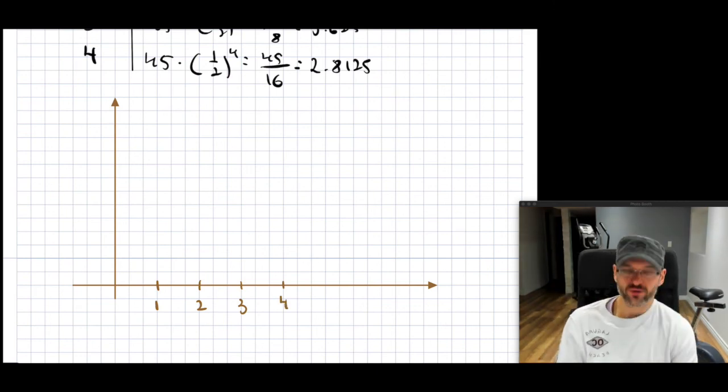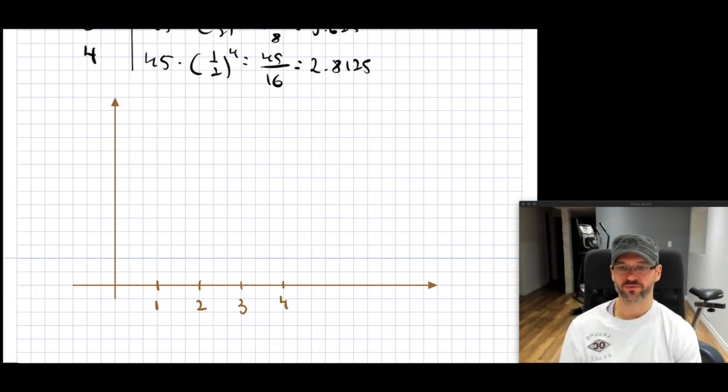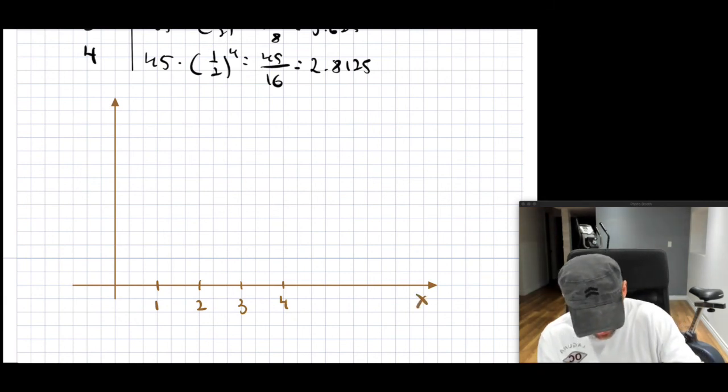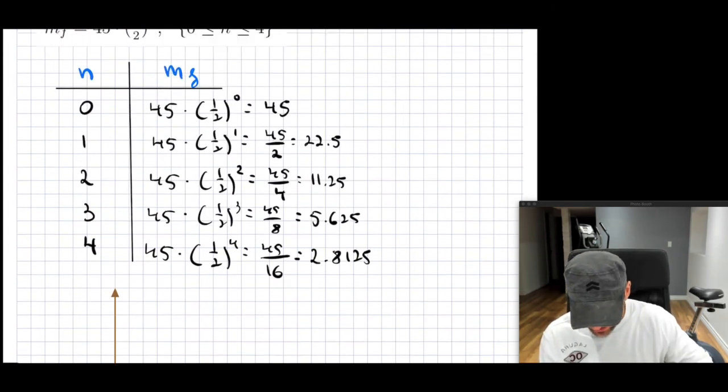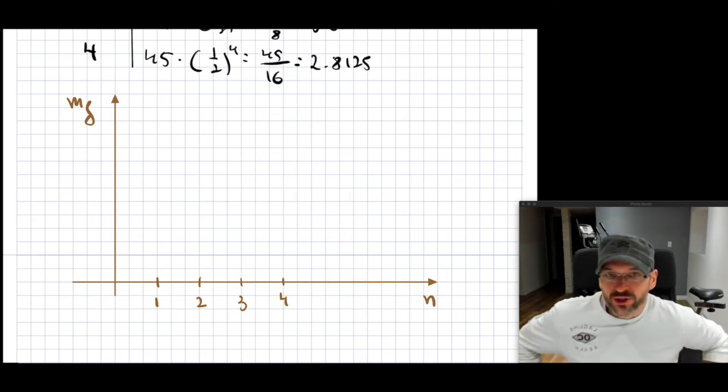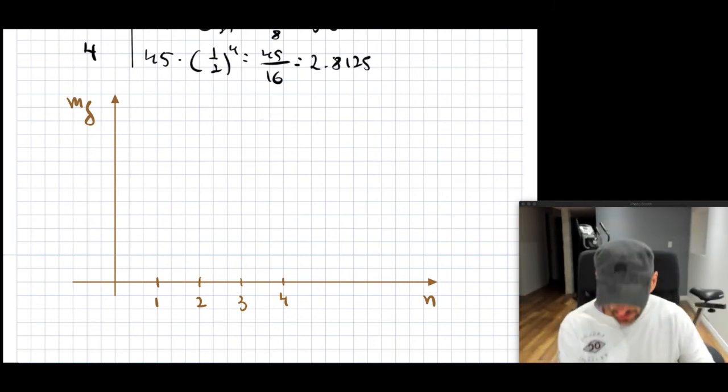I could have even scaled it by 4s and it would have been fine. So this is my x. Actually, this is my n, because we used n, and then this is my m. It doesn't matter. It could have been x and y for graphing.